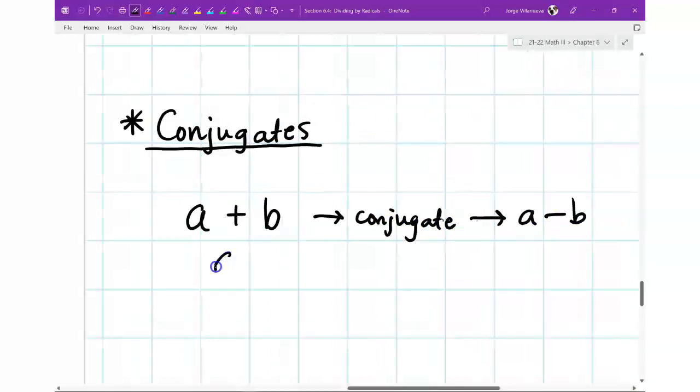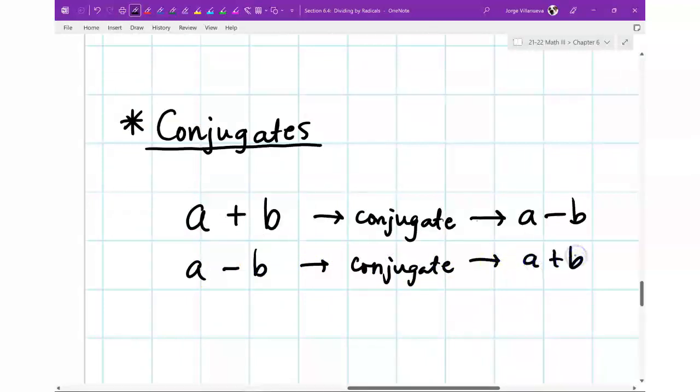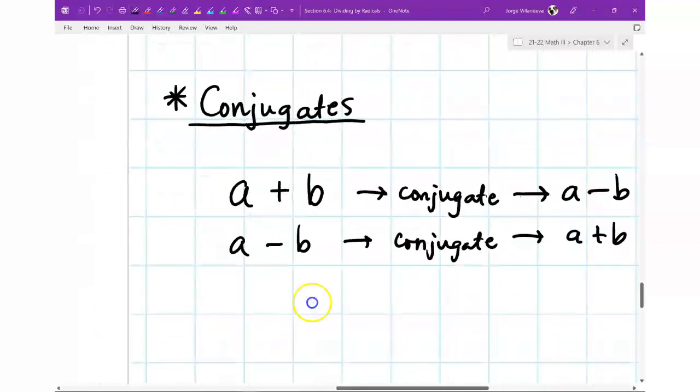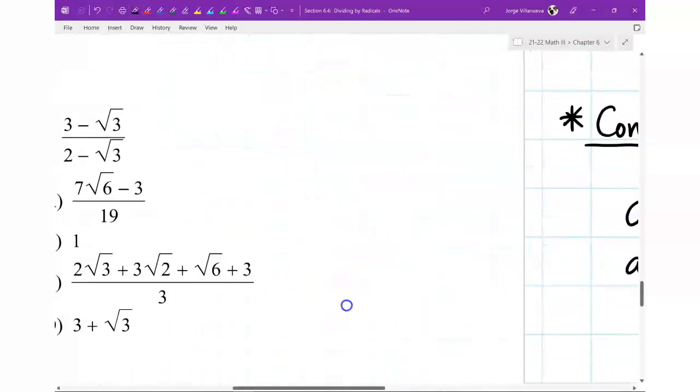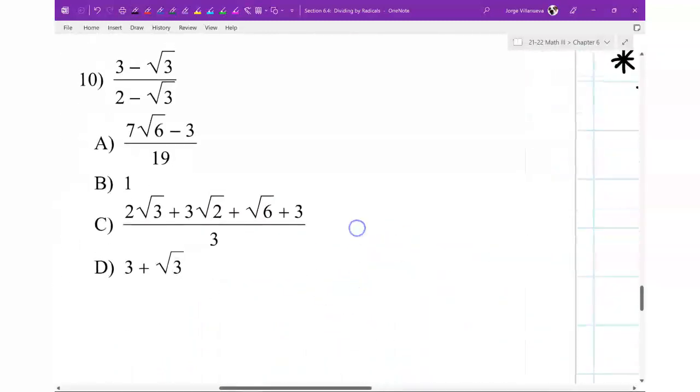If the problem had an A minus B on the bottom, then the conjugate would say multiply by A plus B. It creates a little weirder multiplication, but that's all you're doing. You're just multiplying by the opposite sign. Okay? So, that's all we're doing. Changing the sign, okay?